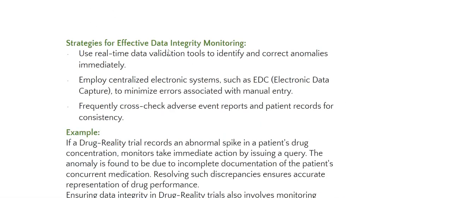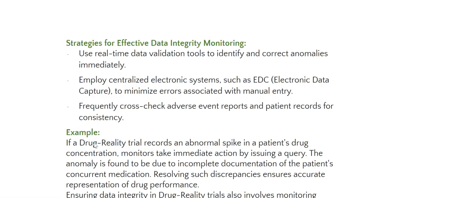Strategies for effective data integrity monitoring: use real-time data validation tools to identify and correct anomalies immediately. Employ centralized electronic systems such as EDC, electronic data capture, to minimize errors associated with manual entry. Frequently cross-check adverse event reports and patient records for consistency.